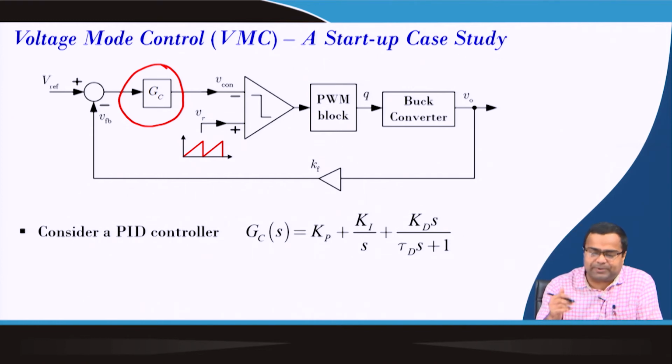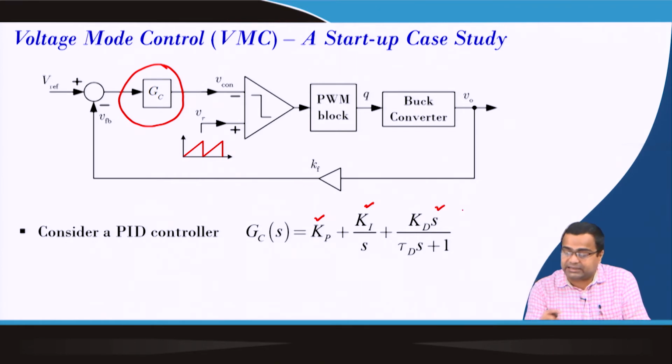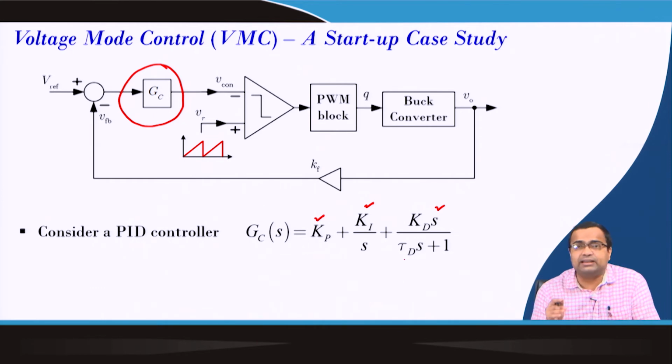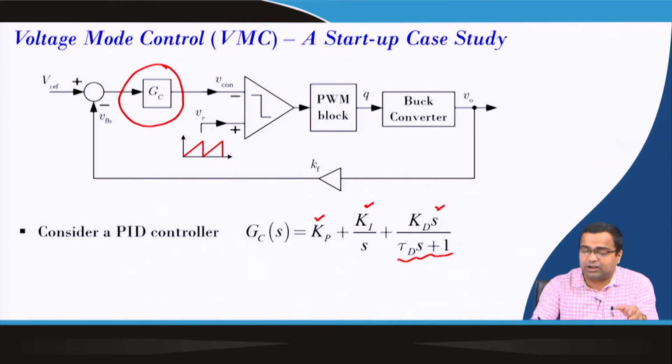The structure of a practical PID controller looks like this: a proportional gain, an integral and a derivative. Generally we cannot implement an ideal derivative because we have a finite bandwidth limit of the op amp, and also we do not want to inject high frequency noise. So, we generally put a low pass filter, but this time constant should be sufficiently small so that we can retain the useful information.